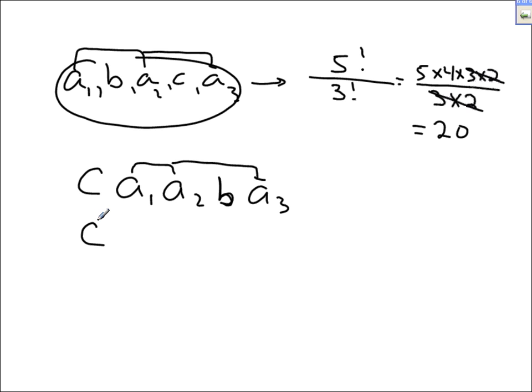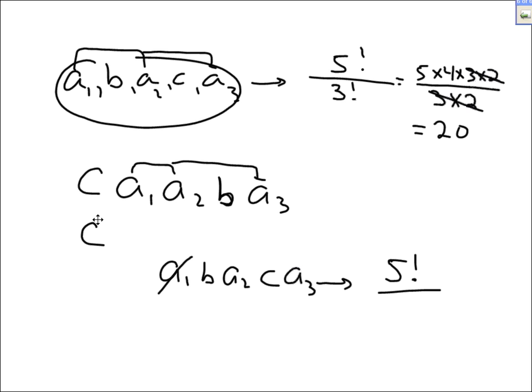If you like, you can say, well, let me write it down here. A1, B, A2, C, A3. How many different ways can we permute them? Well, there's 5 letters. A happened to be the first.